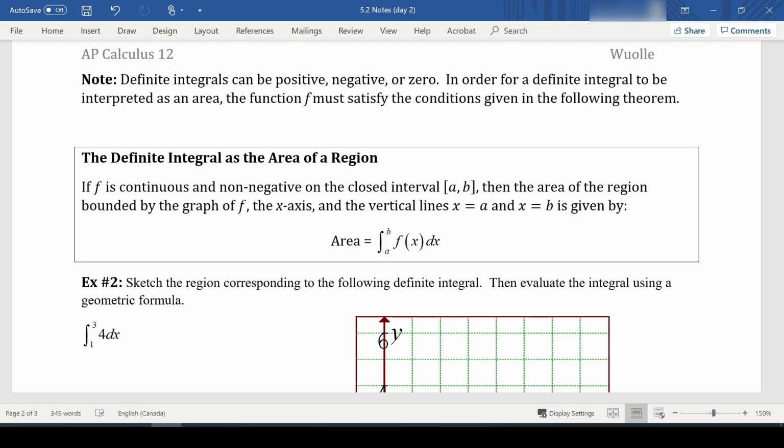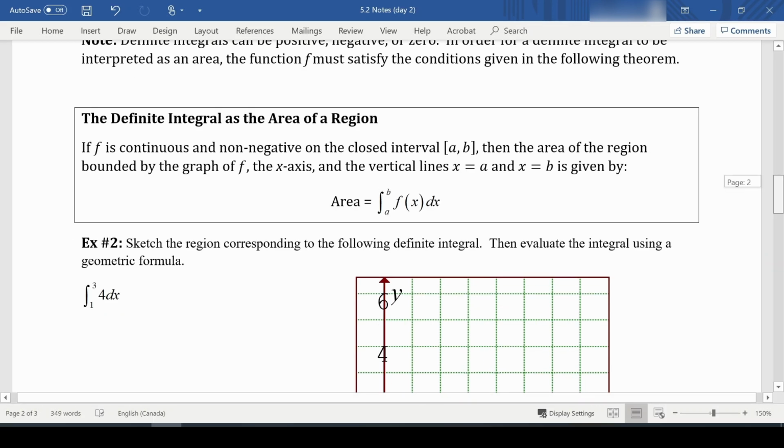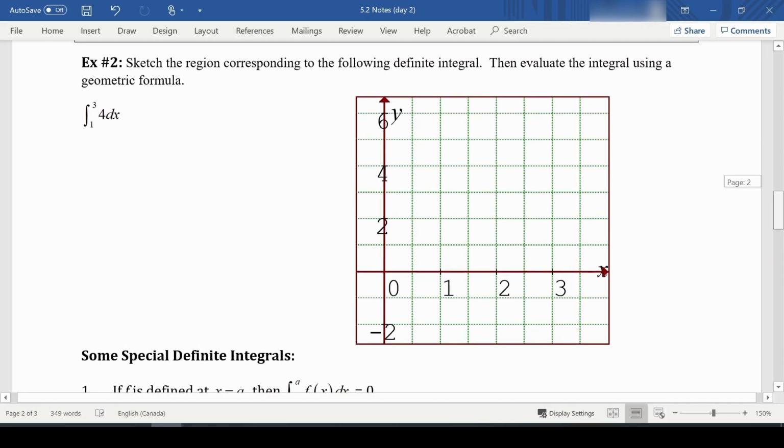So again, we've got our Riemann sum, which is the limit of a sum of areas of rectangles, and that can be defined as a definite integral. And in order to think of this as the area of a region, we need to actually be able to draw in a region, basically. Okay. So we're going to try this next question. We'll show algebraically how it works, and then we're also going to draw in the object.